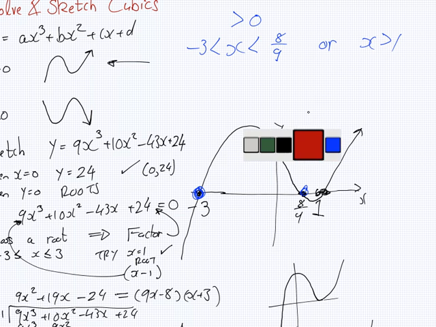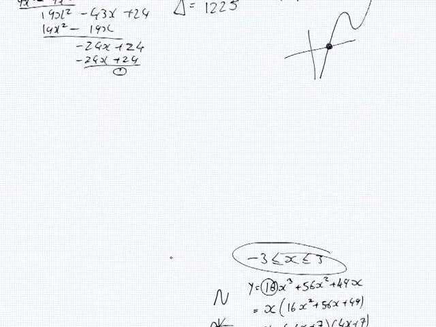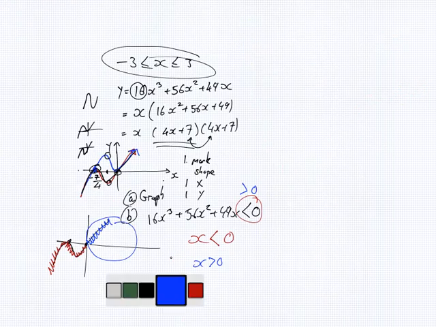And if my question instead was, when is the cubic below 0? x is between 8 over 9 and 1, because that's this part here. And we can also have x is less than minus 3, is also below 0. Now don't worry, we'll talk about that more in a separate lesson, but I just wanted to give you the idea today. Okay, so let me give you some to try.